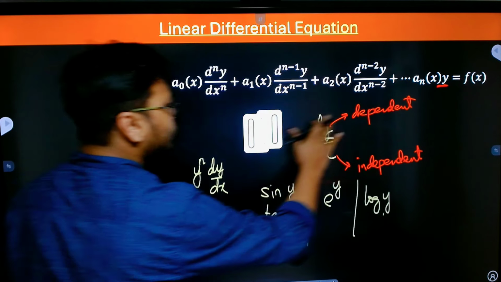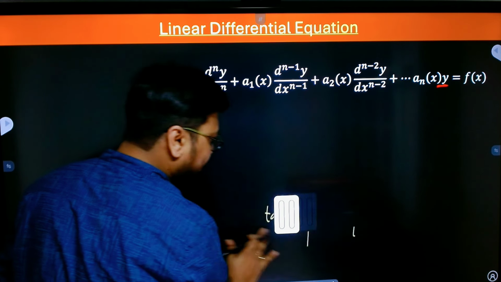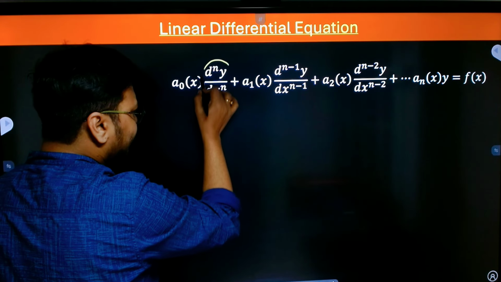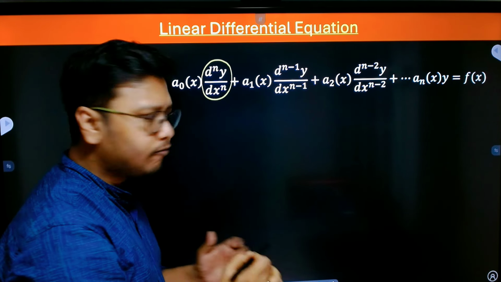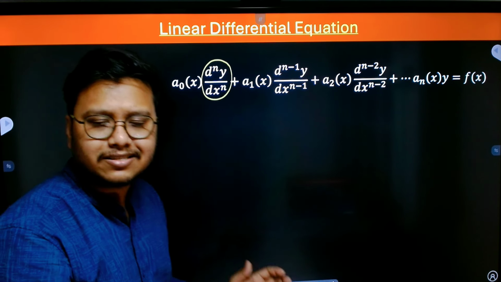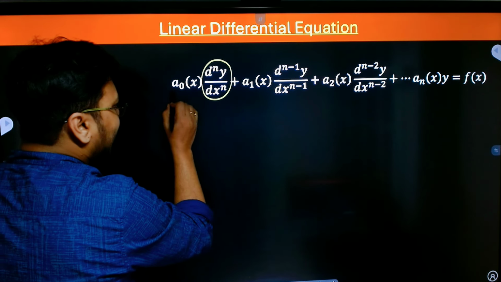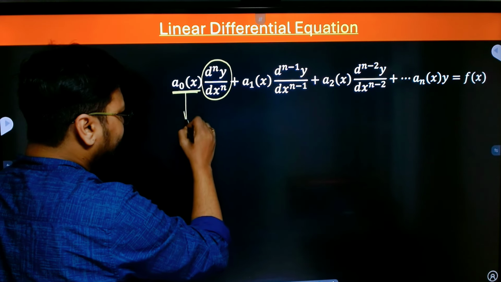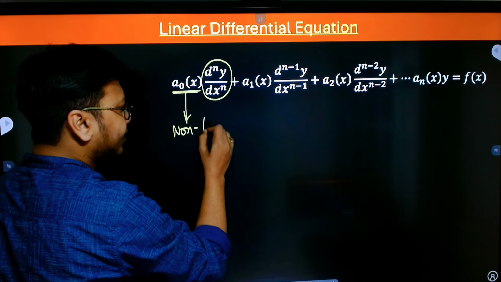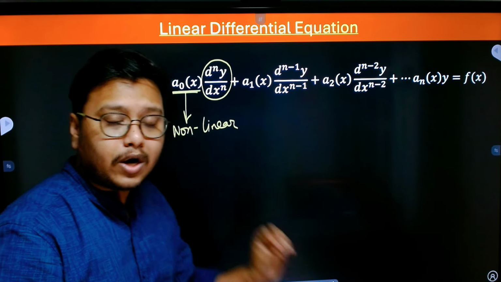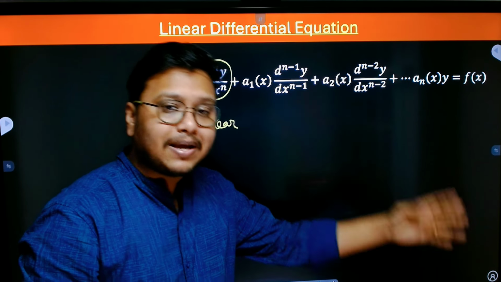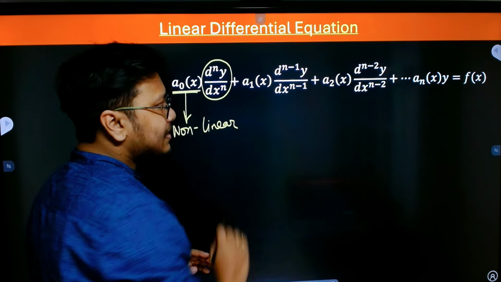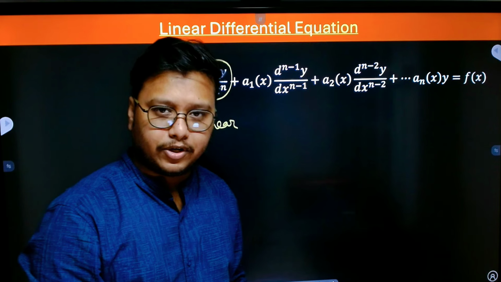So ideally a linear differential equation looks like this: it may have the nth derivative of y with respect to x, where x is the independent variable, multiplied with any function of x, not a problem. These functions of x can be non-linear and we don't have any issues with that. The non-linearity should not be present in the dependent variable term, it can be present in the independent variable term. So this is the basic structure of a linear differential equation.